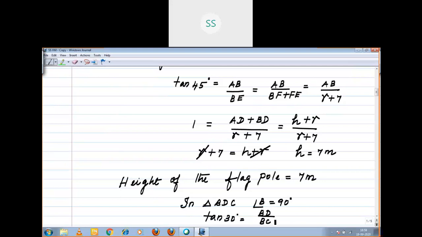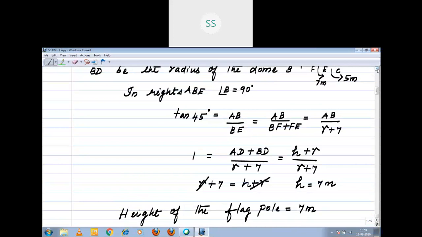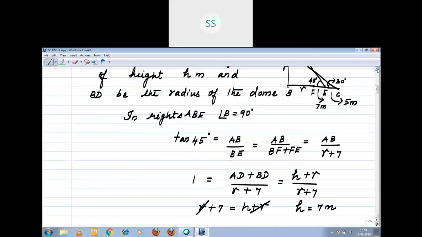BC. BD divided by BC. See the diagram, one minute I will show the diagram. I'm going to scroll up, you listen carefully. Which triangle do I consider? BDC. Right? Opposite by adjacent.